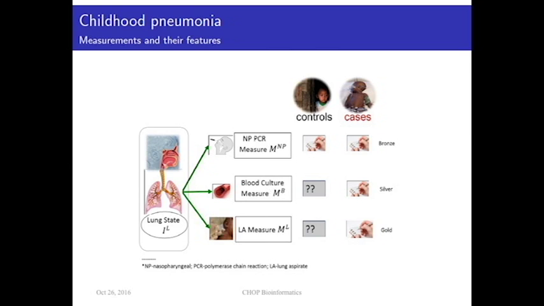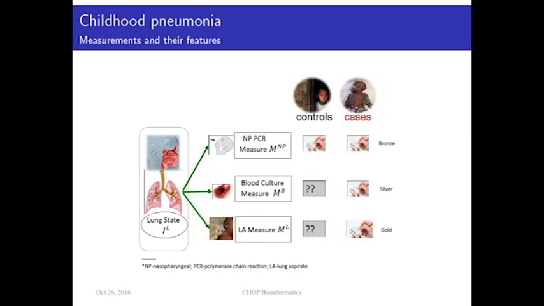What we do for all the children who are cases, the 5,000, is we take a blood sample and we culture the blood, and we look by PCR as well to see if we can find a bacterium there. And then for everybody, both the cases and the controls, we take various samples from the nasopharyngeal cavity and we look to see by PCR whether there's various things there.